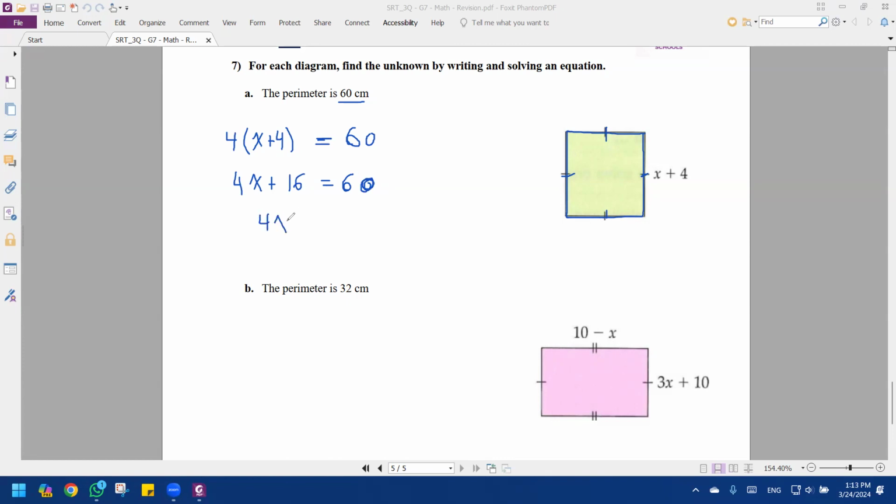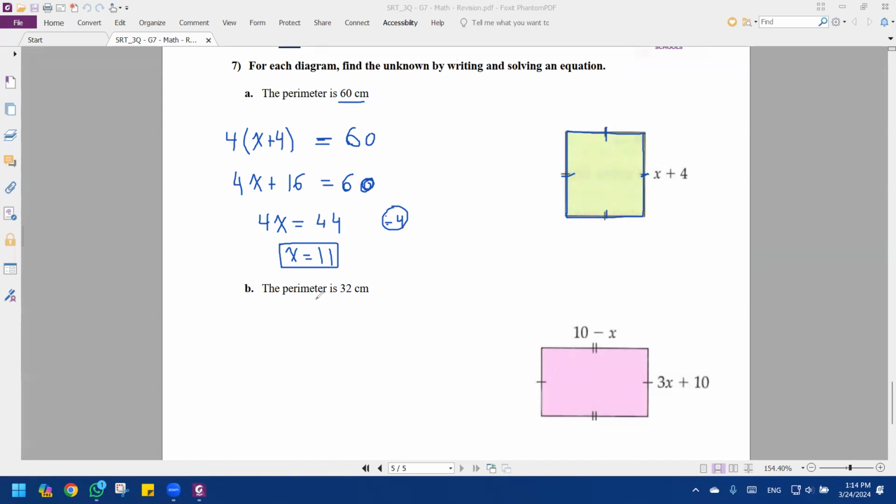I will have 4x equal to 60 minus 16, 44. Now 4x equal to 44, we divide by 4. X is equal to 11. Okay, we found the value of the unknown.